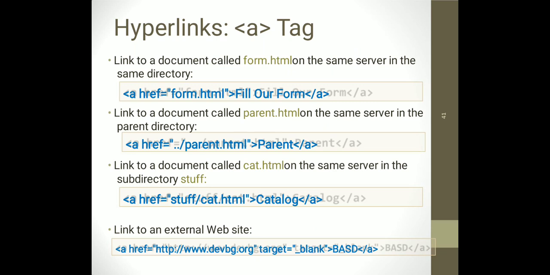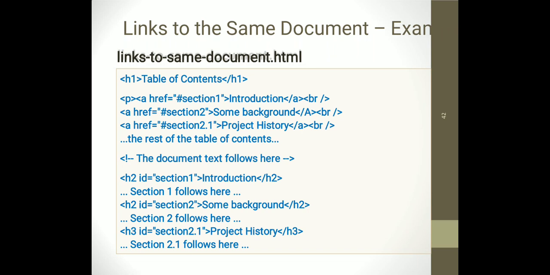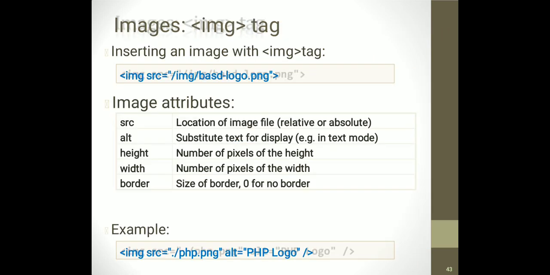Then a link to a document with a .html extension on the same server in the parent directory can also be called with the help of a slash path. Okay, so those examples are shown here in the diagram, you can see, with the blue line showing how to use hyperlinks with the anchor tag. Okay, then links to the same document, an example is provided, that we have also seen.